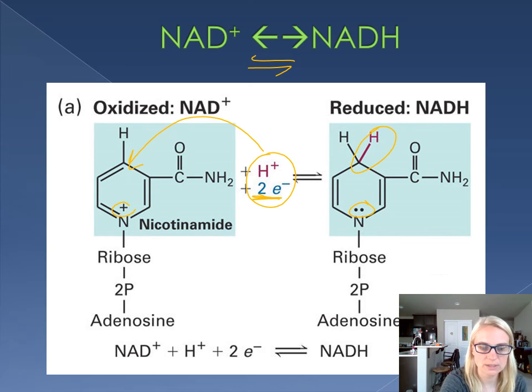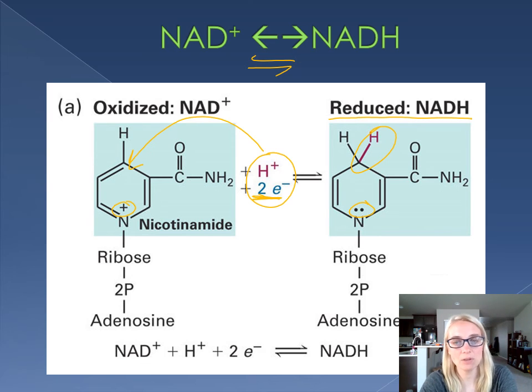And some electrons here. So NADH is the reduced form. It just gained electrons. And we can tell that because it's got a new hydrogen attached to it. And I just said electrons transfer with hydrogen. So whenever you see that hydrogen stuck to the NAD, that lets you know it just received some electrons with hydrogen.